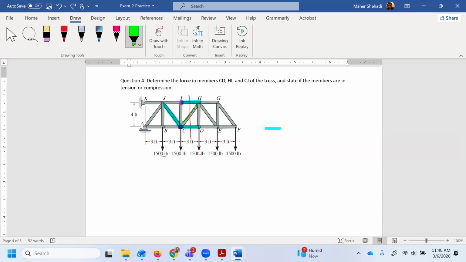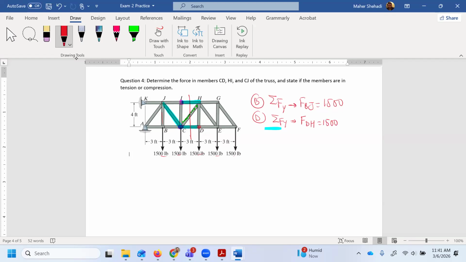But if you can't see any zero force member, now all these, BJ, CI, and so on, you can't decide, because we have this force going down. So if you consider, for example, joint B or D, take summation of force in the Y, I'm going to have FBJ equals 1500. If I consider joint B, or if I consider joint D, take summation of force in the Y, right here I have FDH equals 1500 and so on.